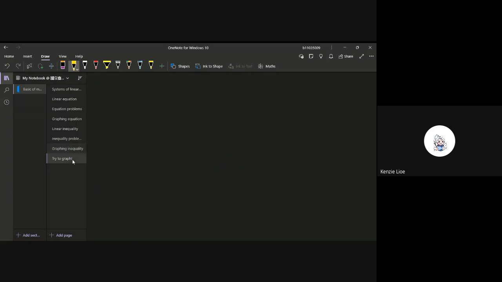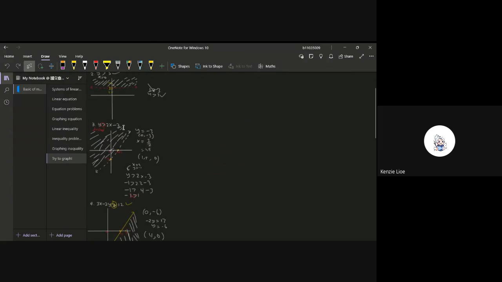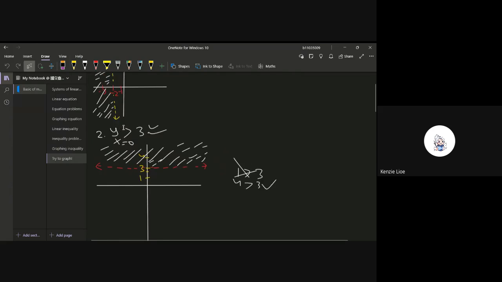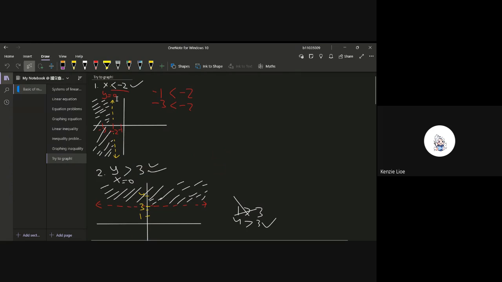So now we're going to try to graph. The first one is x is smaller than minus 2. So first we need to find the y-intercept and x-intercept. As you can see, in this equation the y-intercept is 0.